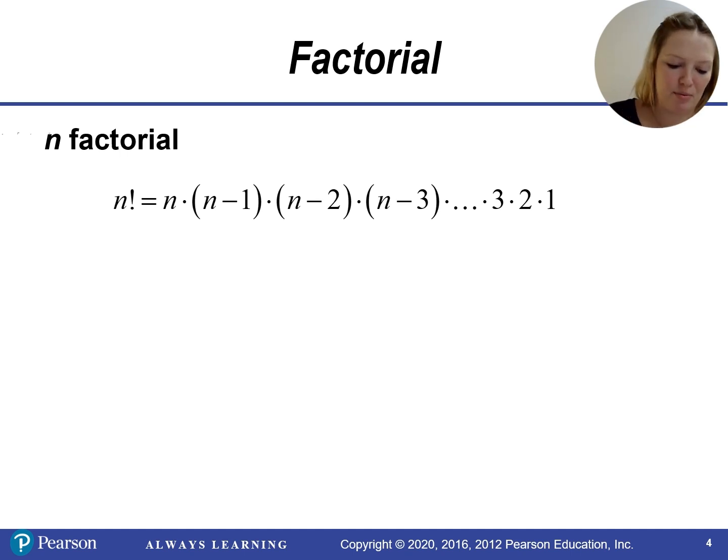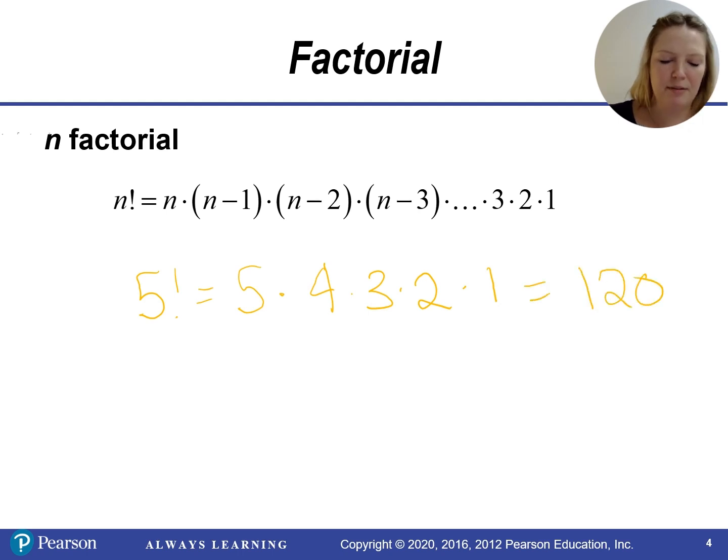So for example, we could have 5 factorial. That would be 5 times 4 times 3 times 2 times 1, which should give us 120, I believe. So factorial means take that number and multiply it with everything that's smaller than it in the natural numbers.